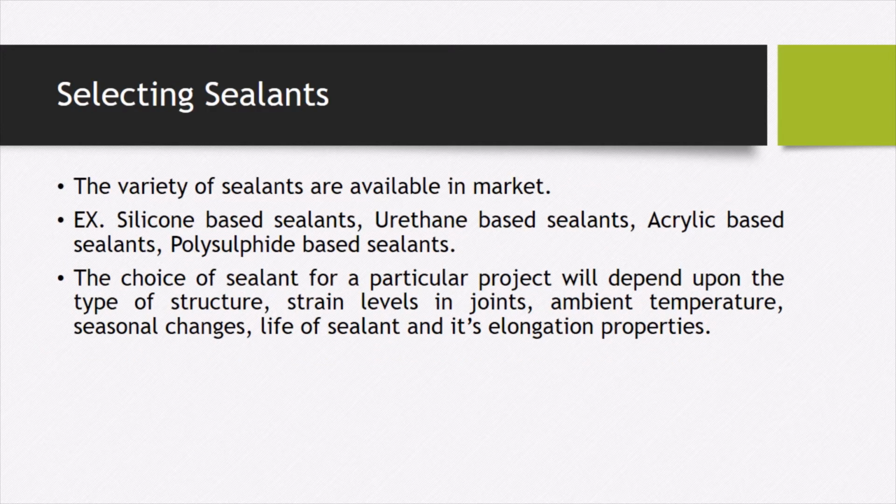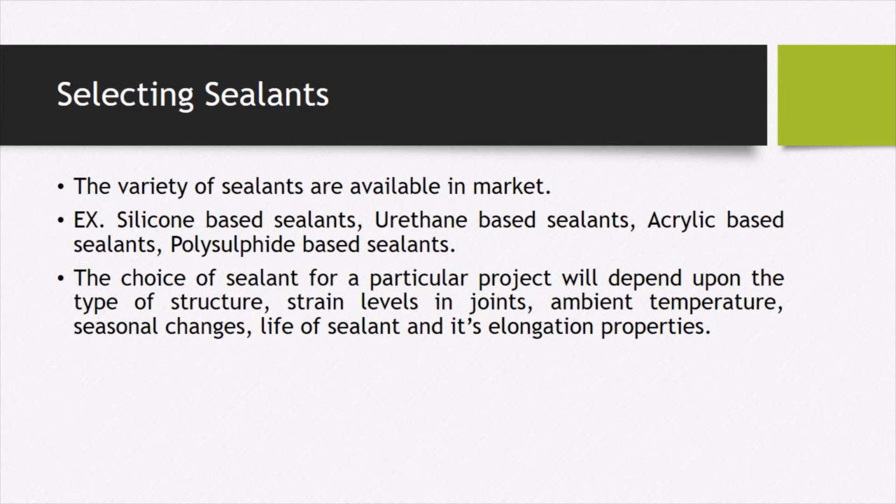Now we need to know how it should be selected. There are always some reasons hidden behind selecting particular applications, right? In the same way here we choose sealants based upon the type of structure and strain levels, and also the temperature, the life of the sealant and its properties.